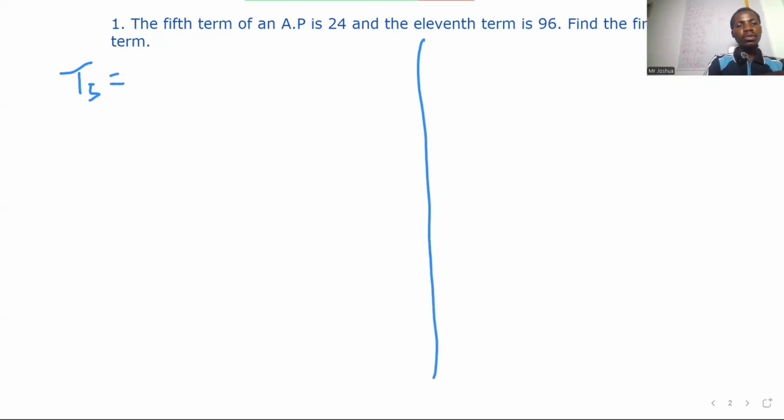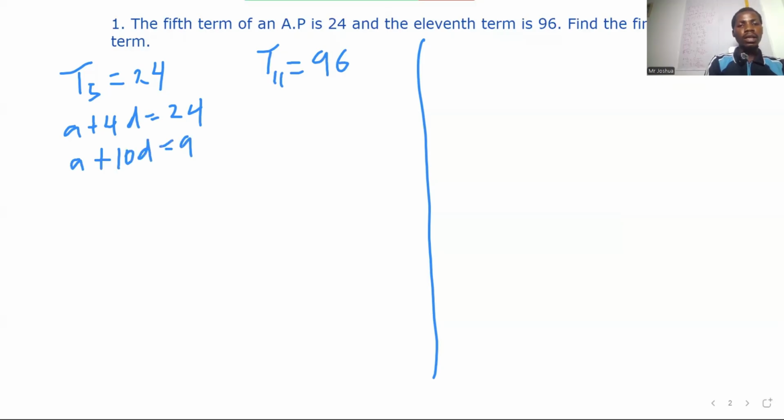And we know that our T5 is the same thing as A plus 4D from our sequence, which is 24. Then the 11th term, that means T11, is 96. Our 11th term is given to be A plus 10D equals 96.